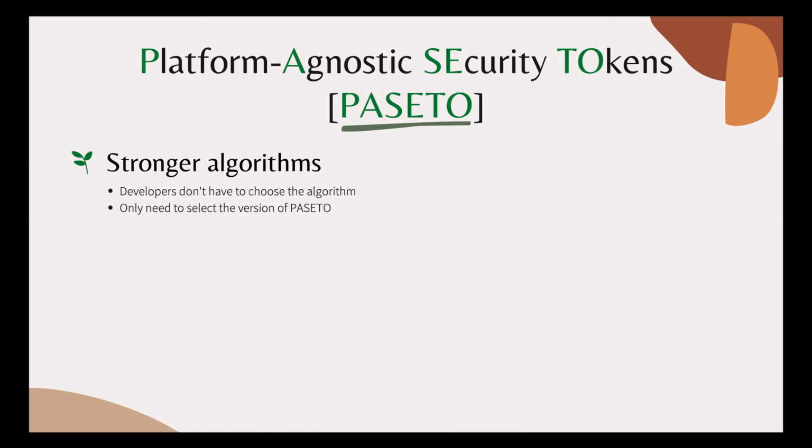Instead, they only need to select the version of PASETO they want to use. Each PASETO version has already been implemented with one strong cipher suite, and at any time, there will be at most 2 latest versions of PASETO active. Right now, 2 active PASETO versions are version 1 and version 2.